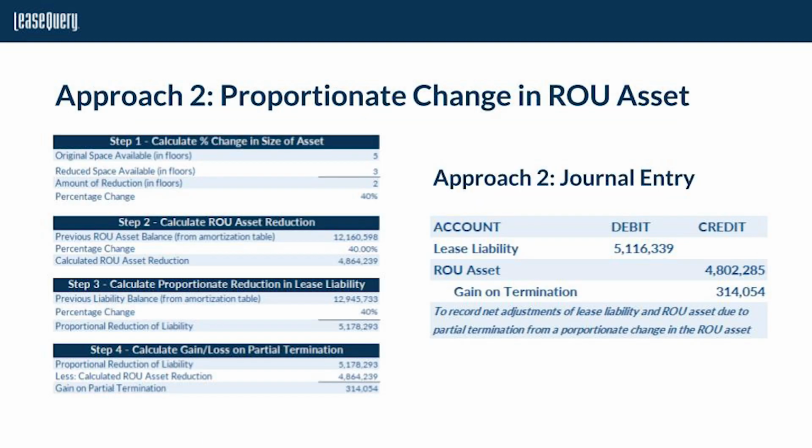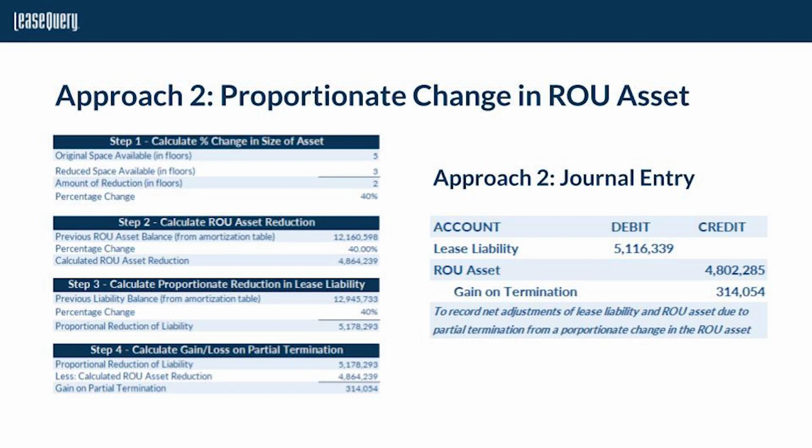Now here's the calculation of the right of use asset using approach 2, the proportionate change in the right of use asset. Step 1 is to calculate the percent change in the size of the right of use asset. Here we're assuming the floors are all comparable in square footage, so using the number of floors for the change. We go from 5 square feet to 3, so that's a reduction of 40%.